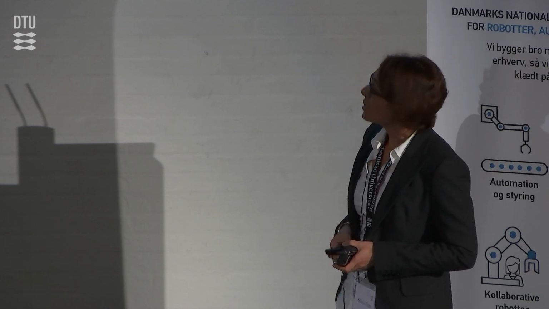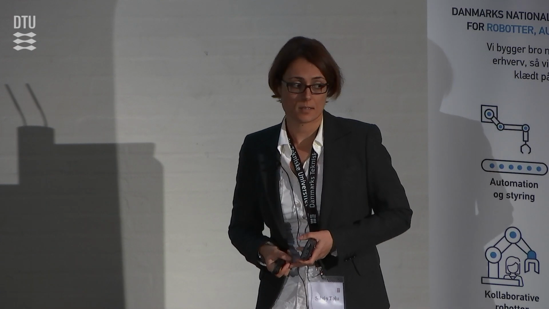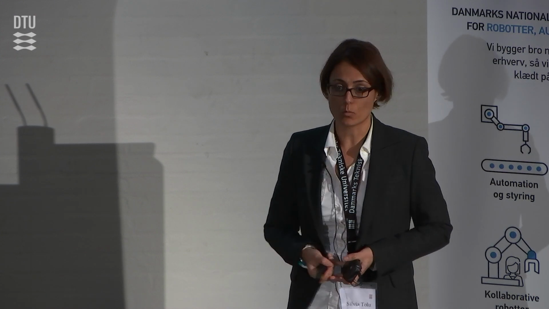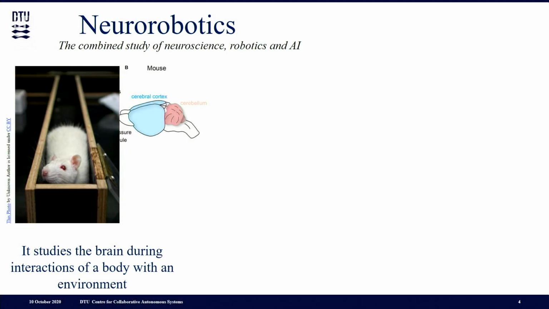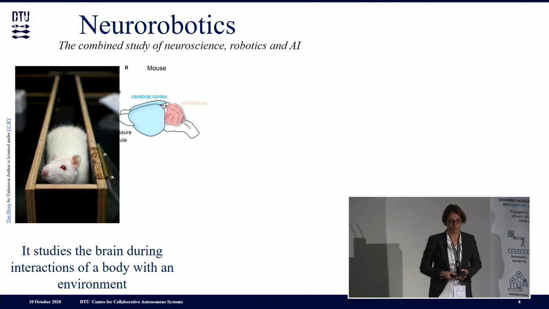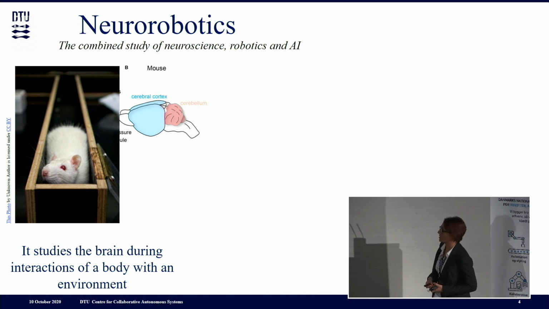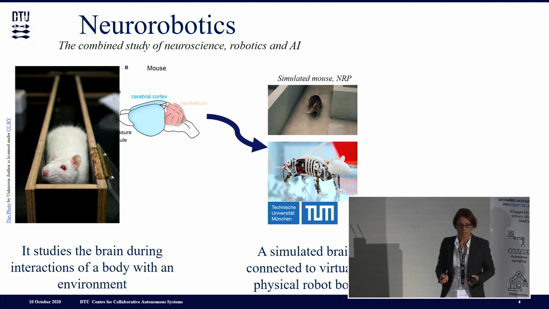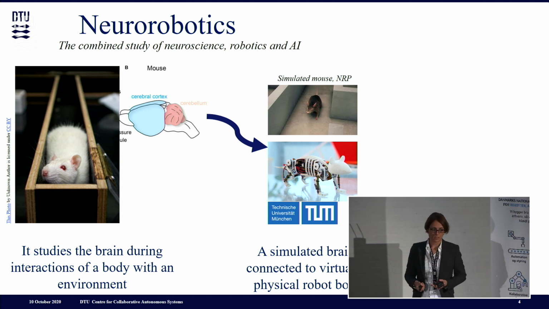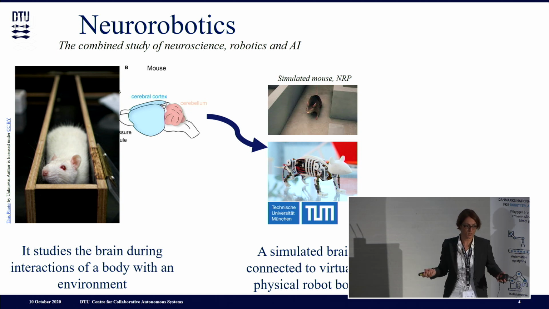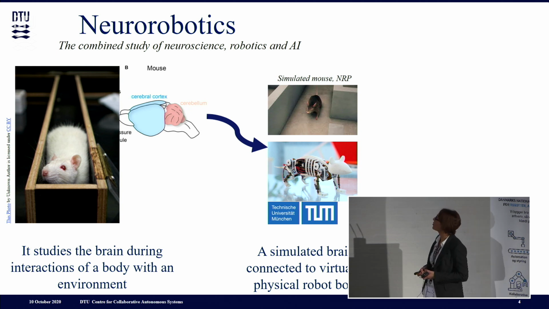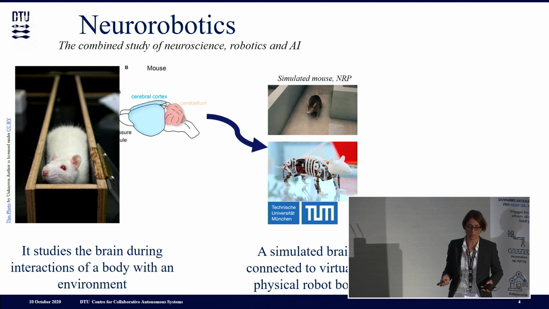What we do in neurorobotics is to study the brain in real agents, such as the mouse, as you see in this picture, and to study the interaction of the brain with the environment and with the body of the agent. And once we have a brain model, we can simulate it together with artificial systems such as robots, either simulated or real robots.